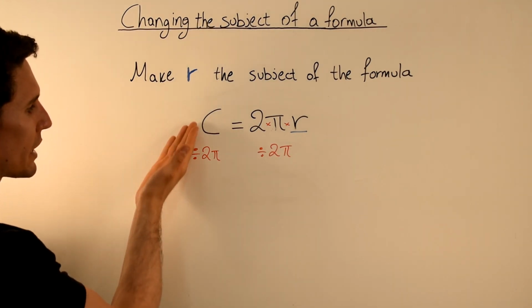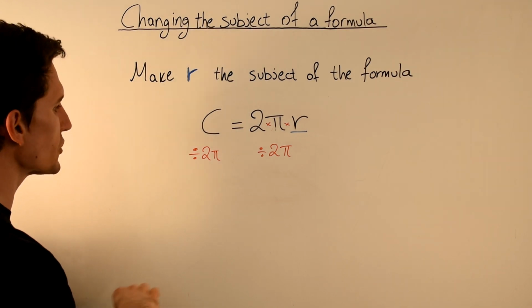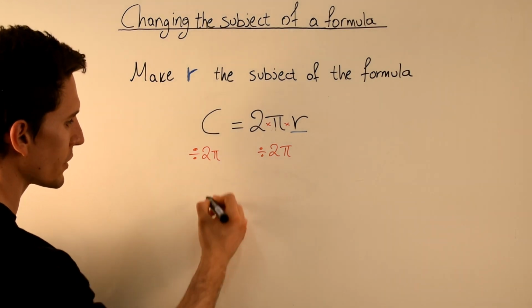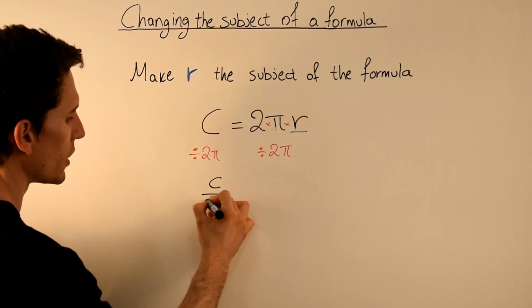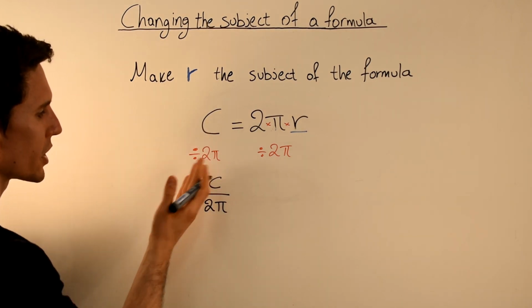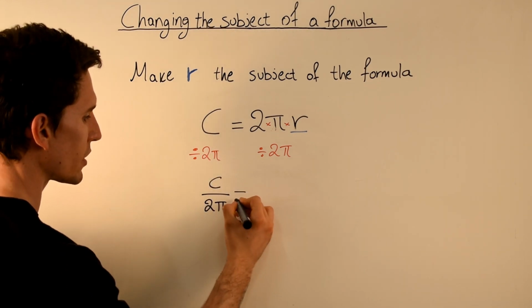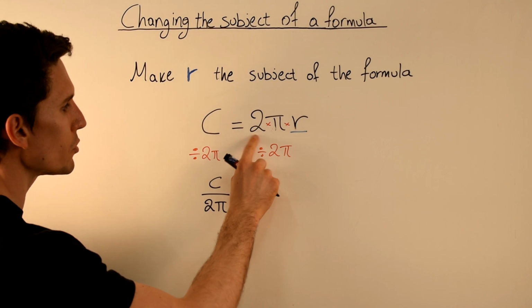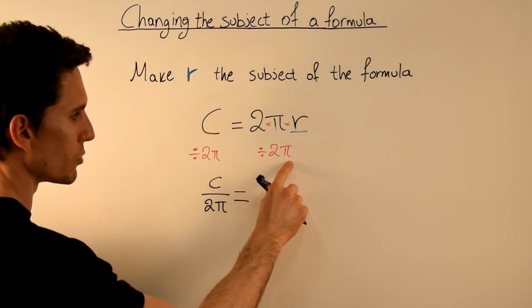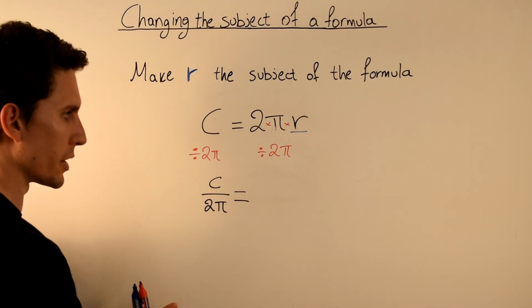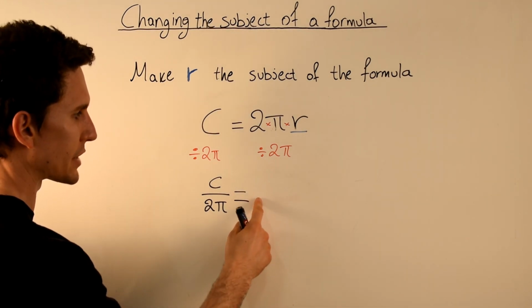Okay, let's start with the left side of the formula. So we have C divided by 2 pi. Well, a simpler way of writing that down is C over 2 pi, which is the same thing written as a fraction. Then we have equal, so we'll simply copy the equal sign, and then we have 2 pi R divided by 2 pi. Well, 2 pi divided by 2 pi simply gives 1, so we don't really have to write anything down here.